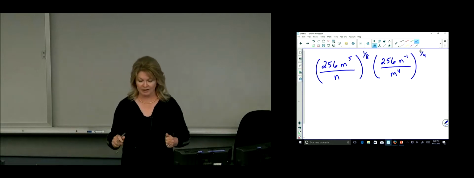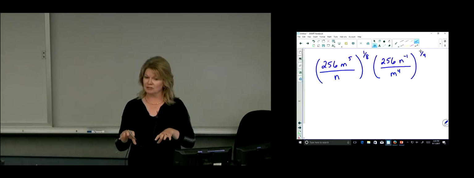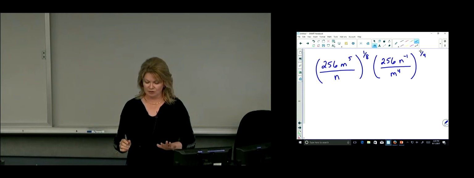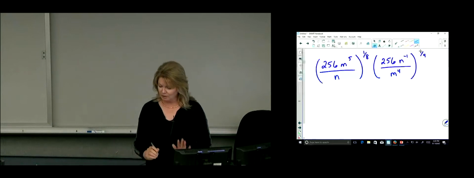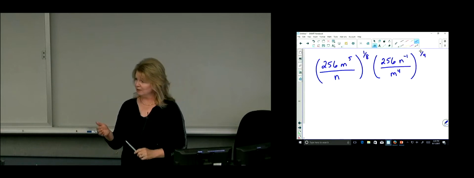All right. So what you want to do is look inside both parentheses first and ask, can I clean up anything in there? If you can get rid of any negative exponents, I would do that. With my first grouping, I can't do anything with 256 m to the 5th or n, so I'm going to leave that one alone. But for my second grouping, I have that n to the -1.